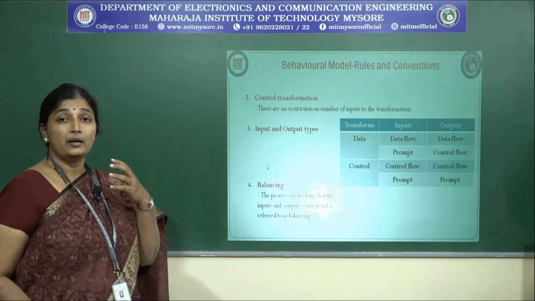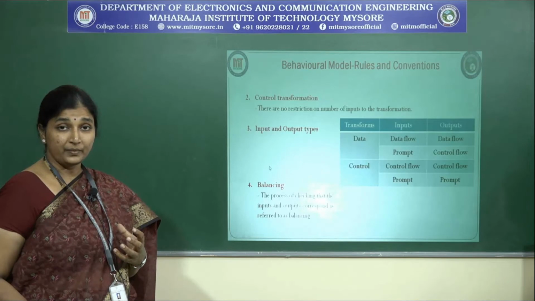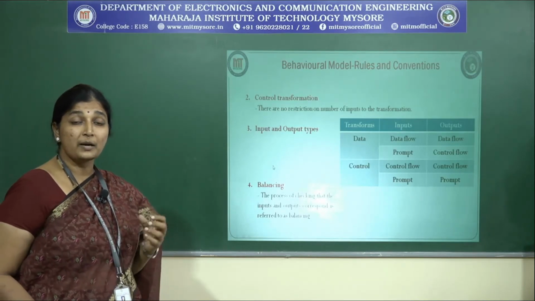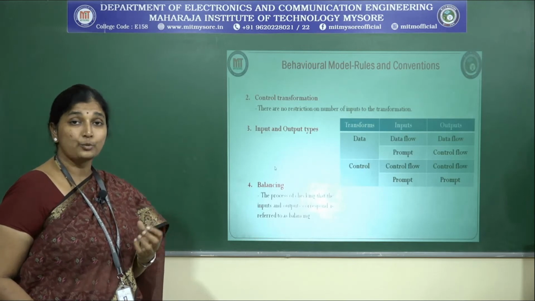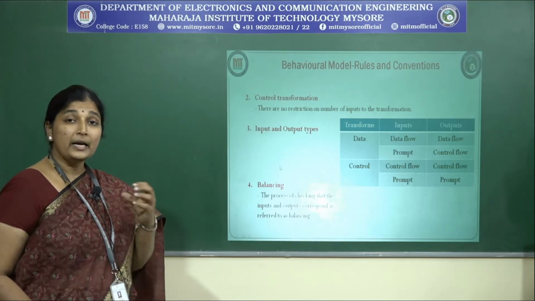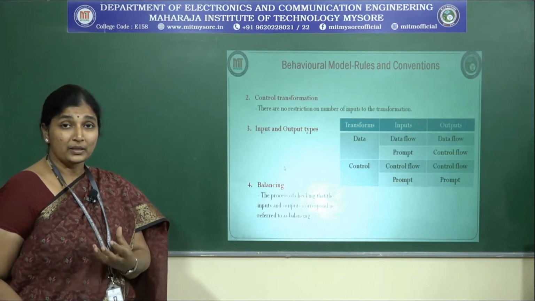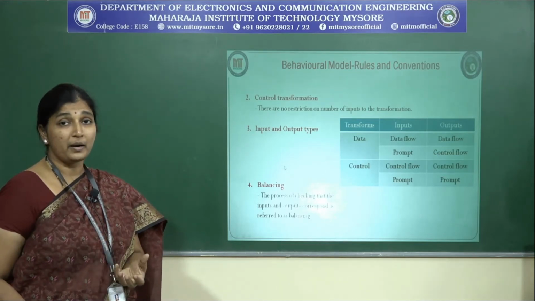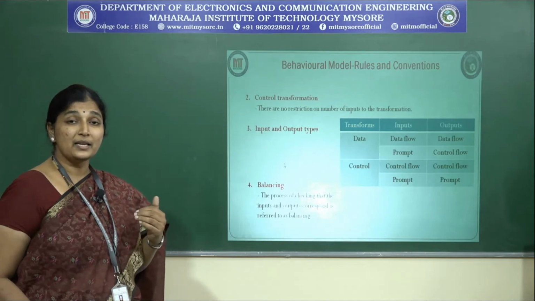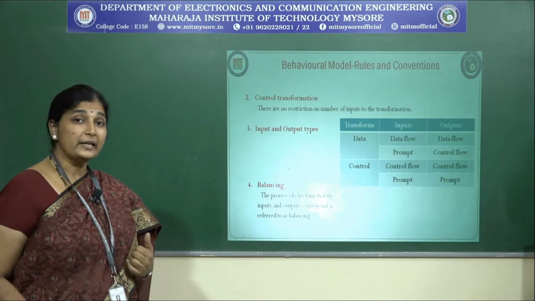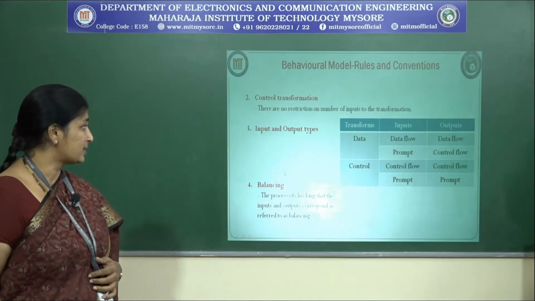If there is no such optimum temperature being achieved at the output, what do you do? There has to be some balancing done in a circuit so that it will show you the required or desired output for the operation of a plant. Fine. So that is balancing, based on what kind of output you get for a particular input. That is called balancing.